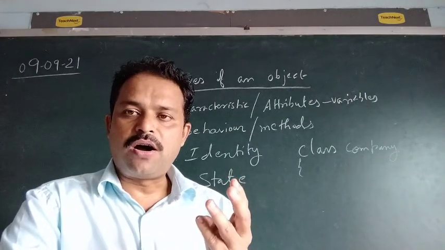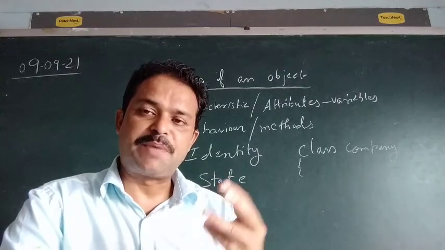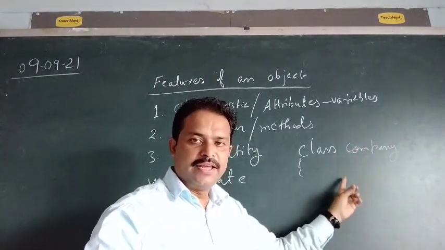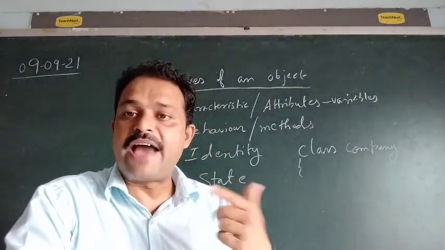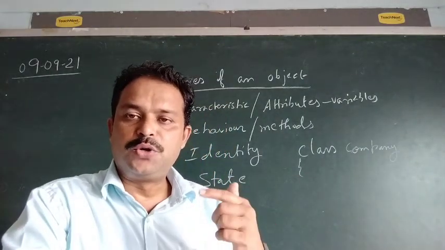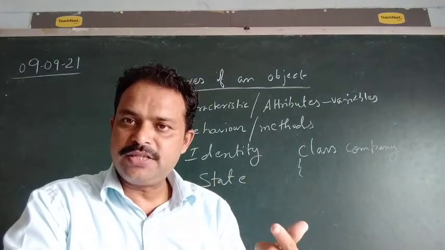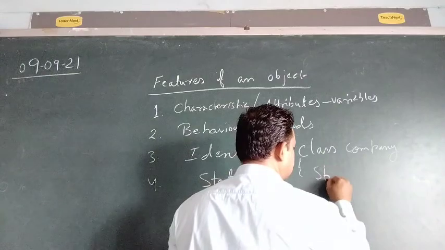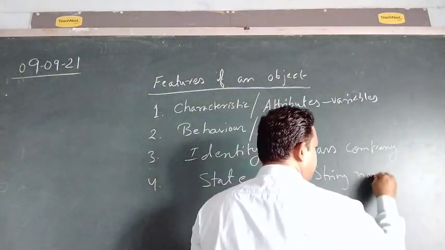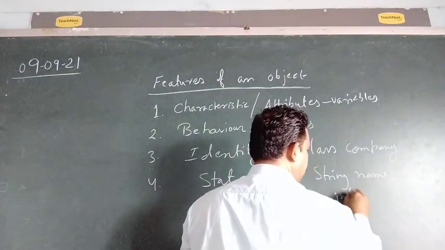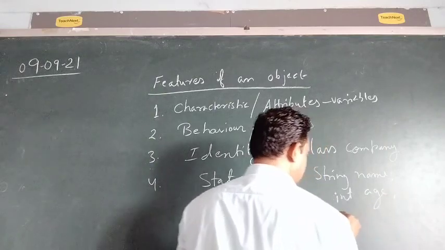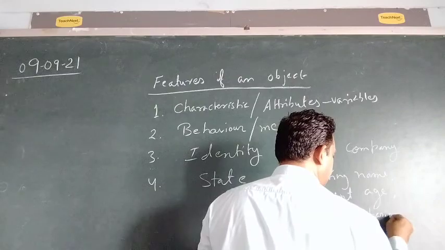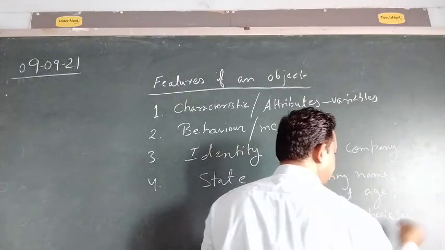Now, how will you implement this concept with respect to the program? I will make one class company, and here I define variables to store name, age and basic salary: String name, int age, double basic salary.